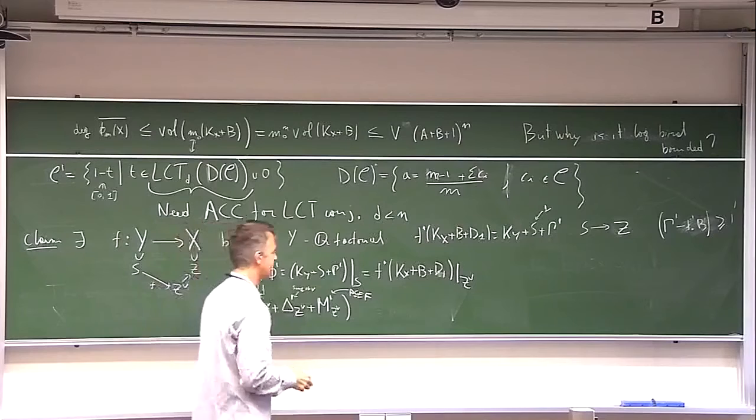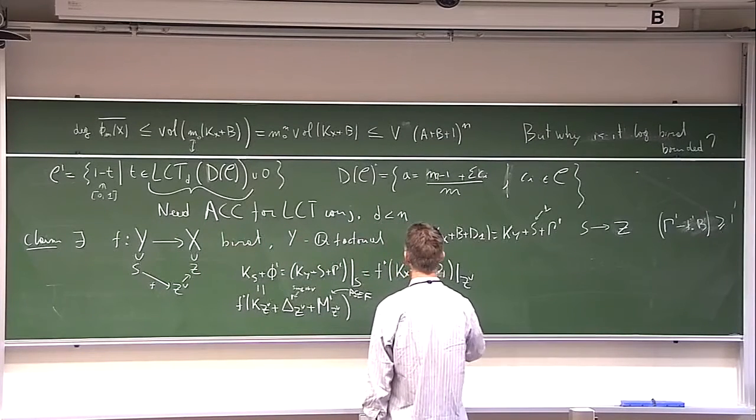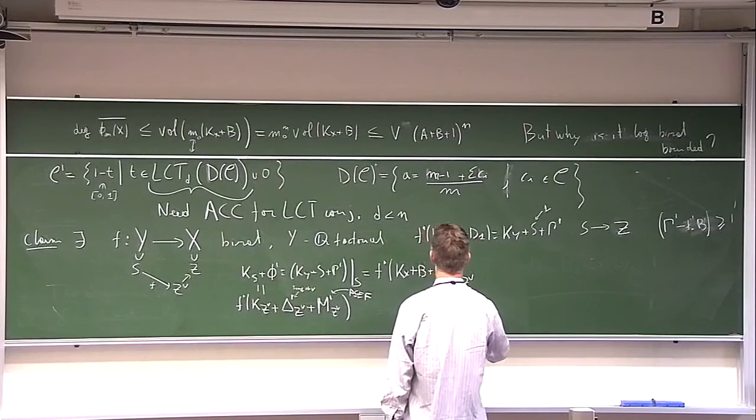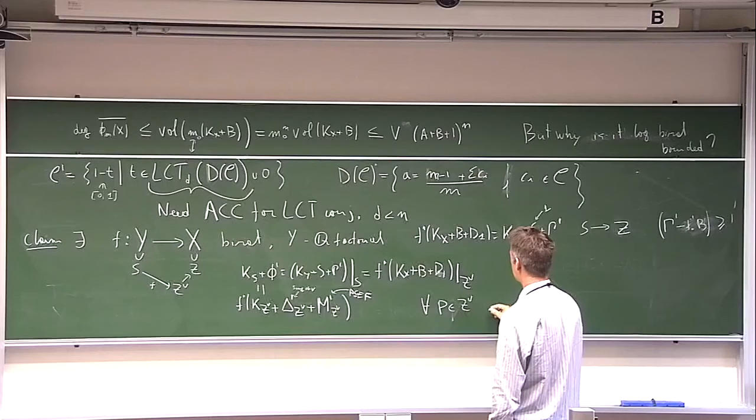So the formula for that divisor is, for any point P on Z nu, the coefficient of P is computed as follows.